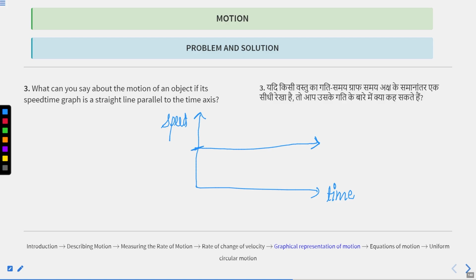What does it mean? Speed is not changing, but time is continuously increasing. It means it's a uniform motion where speed does not change. Clear, class?